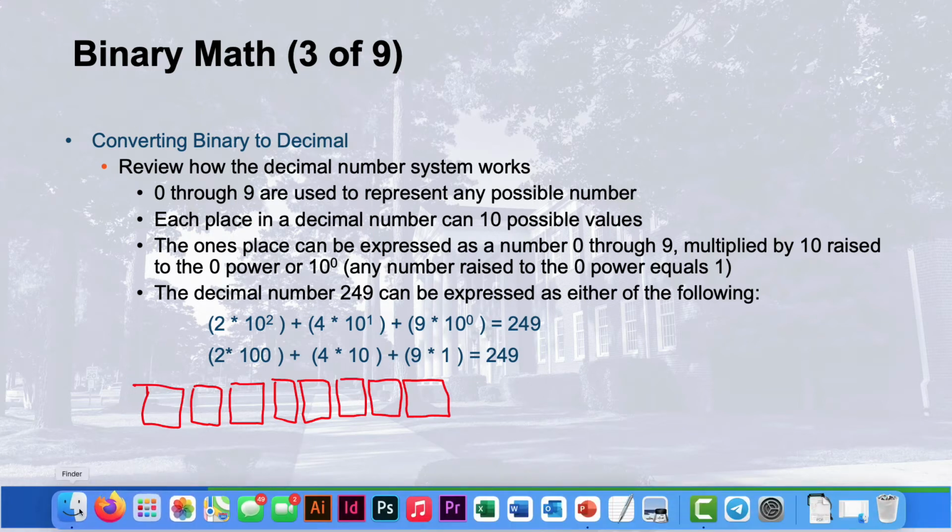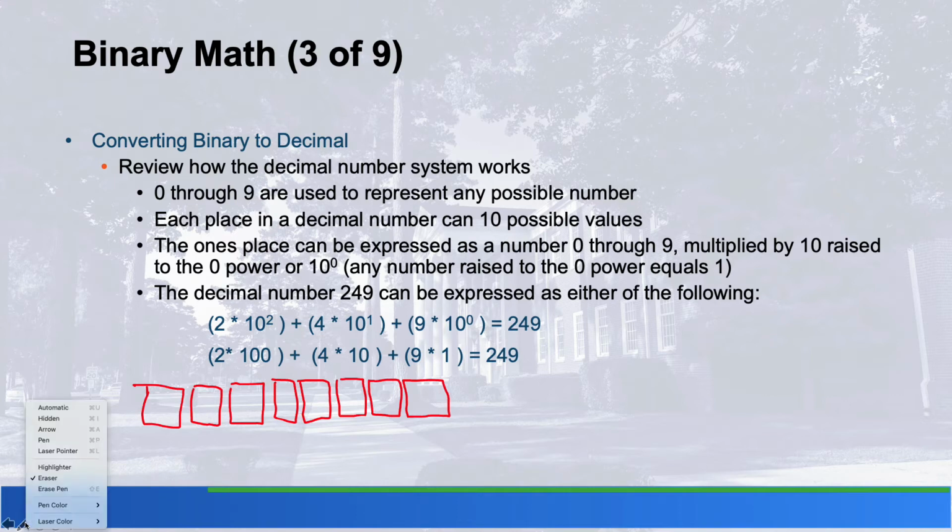Okay, so in decimal we have 10 possible values for our numbers. Our numbers can be between 0 and 9, right? So in each one of these places you can have the numbers 0, 1, 2, 3, 4, 5, 6, 7, 8, or 9, and that's going to give you a value, right?